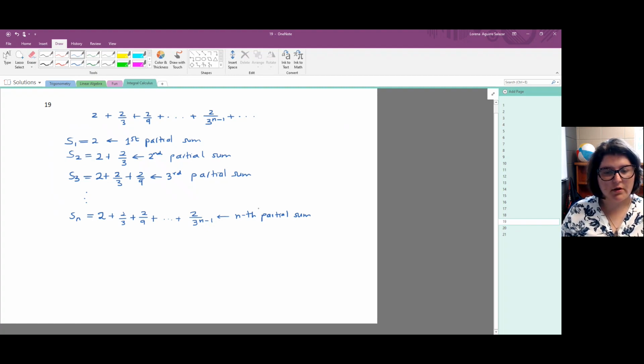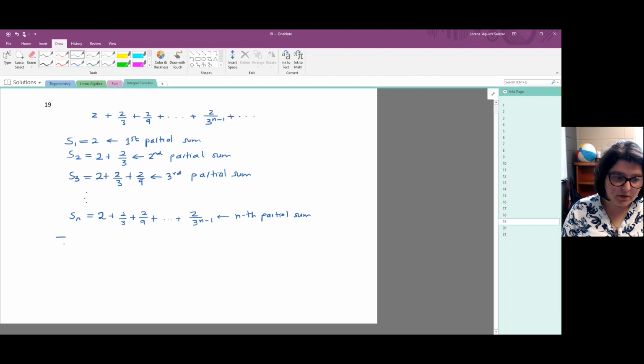So in general, the nth partial sum of the series, that is a geometric series with a equals 2 and r equals 1/3, is given by this expression. We add 2 with 2/3 and then 2/9, and we continue like that until we reach 2 over 3 to the n minus 1. This is enough to find the nth partial sum. We have found the nth partial sum, and we have found the nth term of the series.